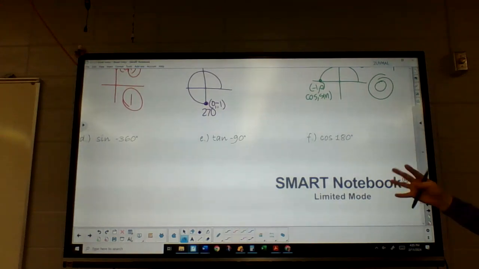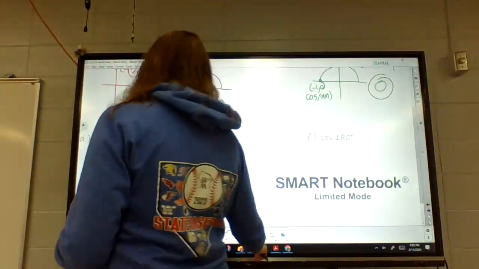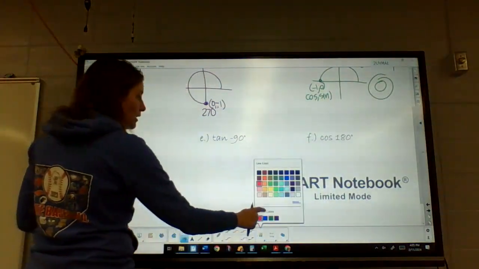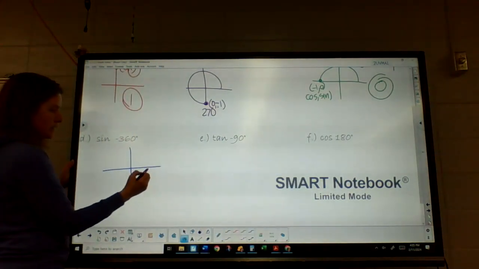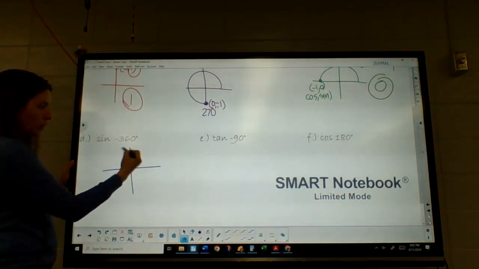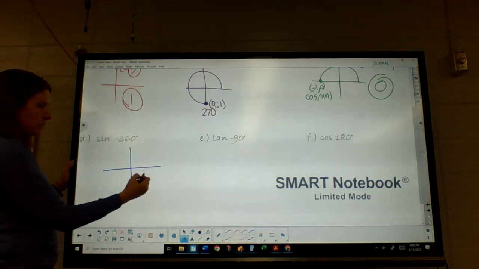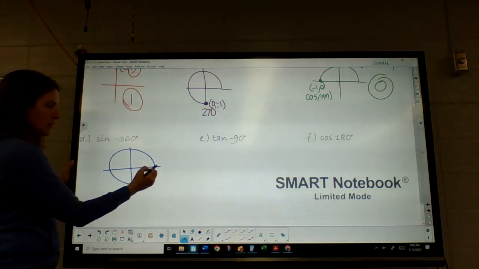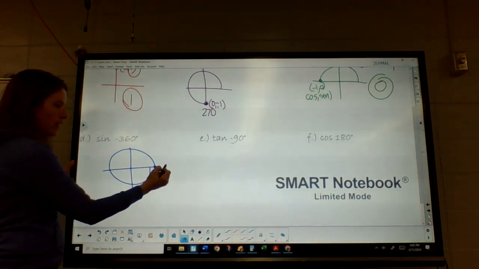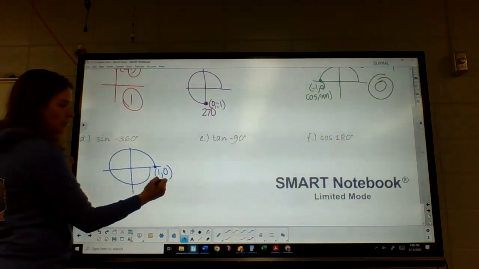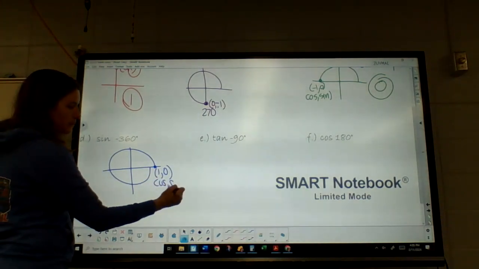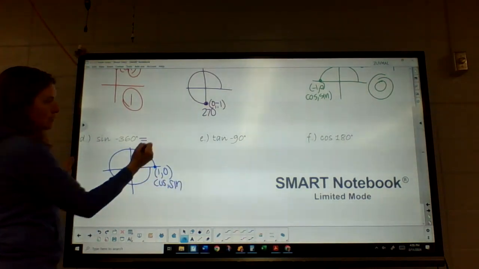Now these -1s, you have to think about going the other direction. So in this case here, -360. Normal direction is counterclockwise, so we're going this way. So we're going 1, 0. And then again, it goes cosine, sine. So our sine is just 0.